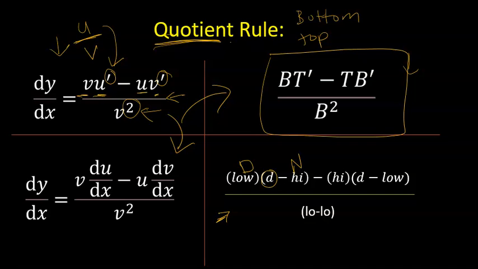So it's saying take the denominator, find the derivative of the numerator, minus, place the numerator, find the derivative of the denominator, all over low low, which basically means low twice. So it's low D high minus high D low over low low.